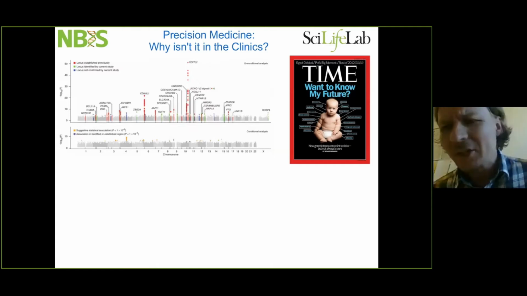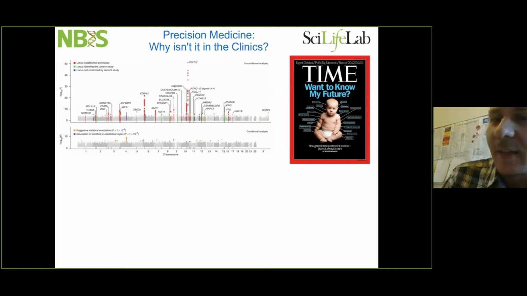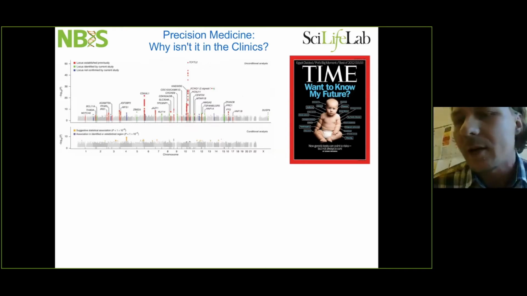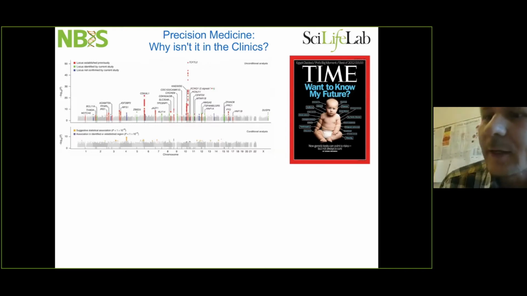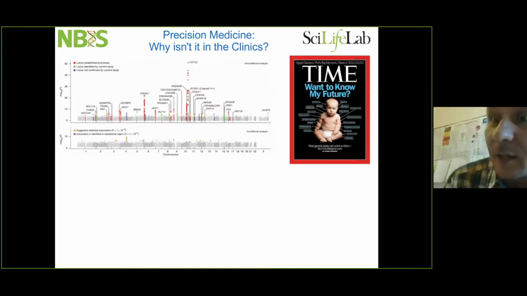So why can't we just use these huge genetics resources and take these signals? What you see on the left-hand side is a so-called Manhattan plot, where you can see many genes that were established to have something to do with type 2 diabetes. So why can't we take all of these genes to the clinics, take an individual genome, and based on the DNA of this person, predict the inclination of this person to type 2 diabetes or any other disease?